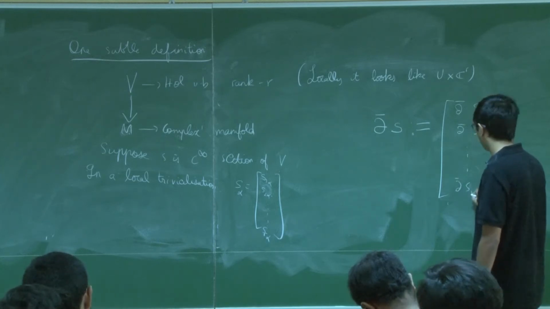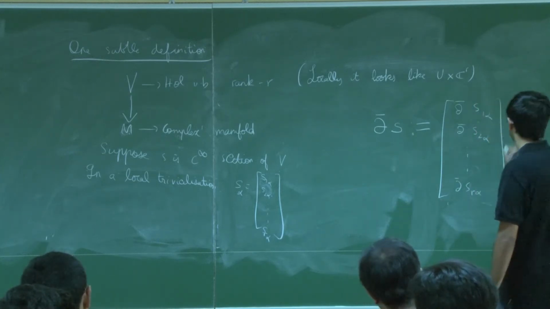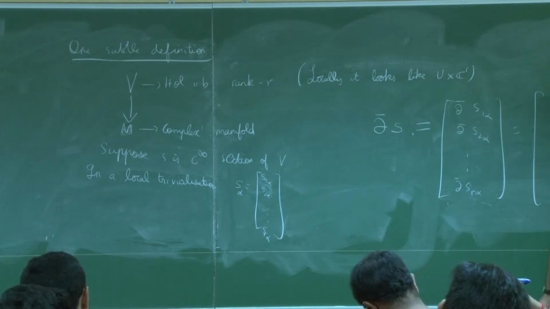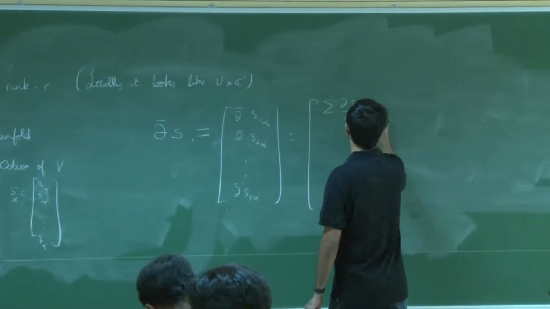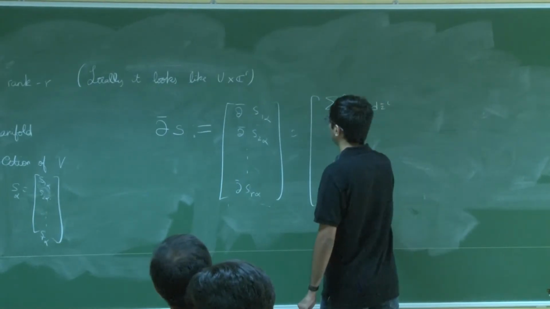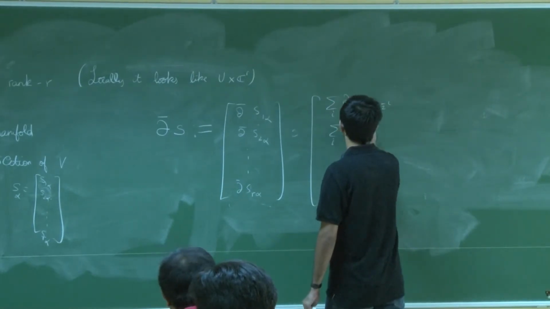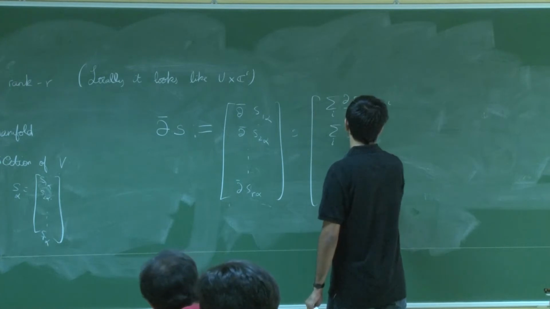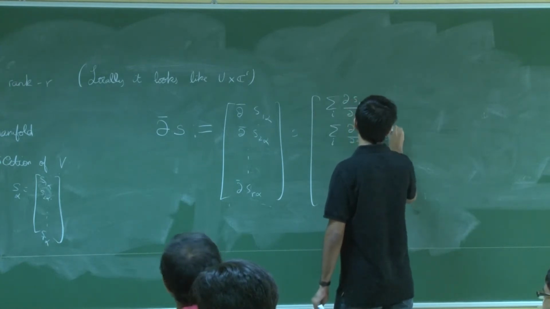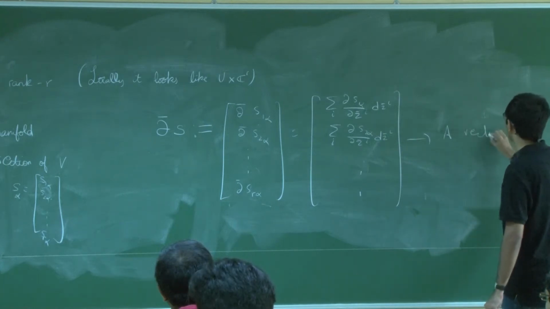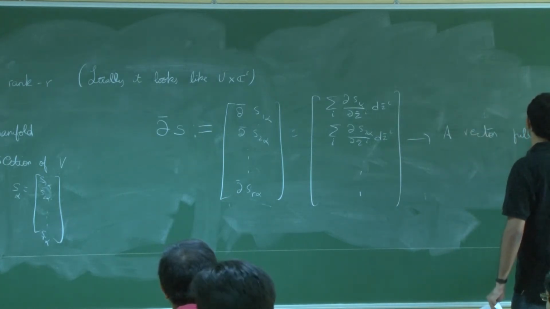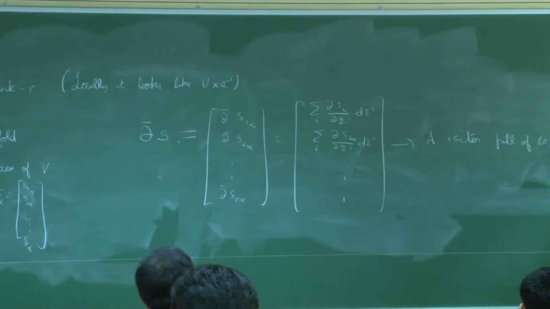What do I mean by this thing? I mean the following. S1 alpha dz bar i, S2 alpha dz bar i, and so on. This is a vector full of 0,1 forms.